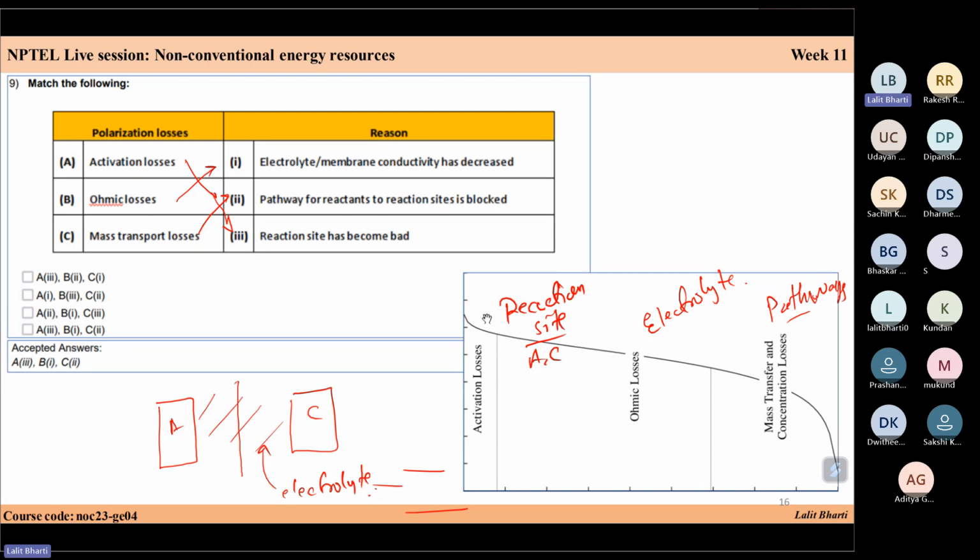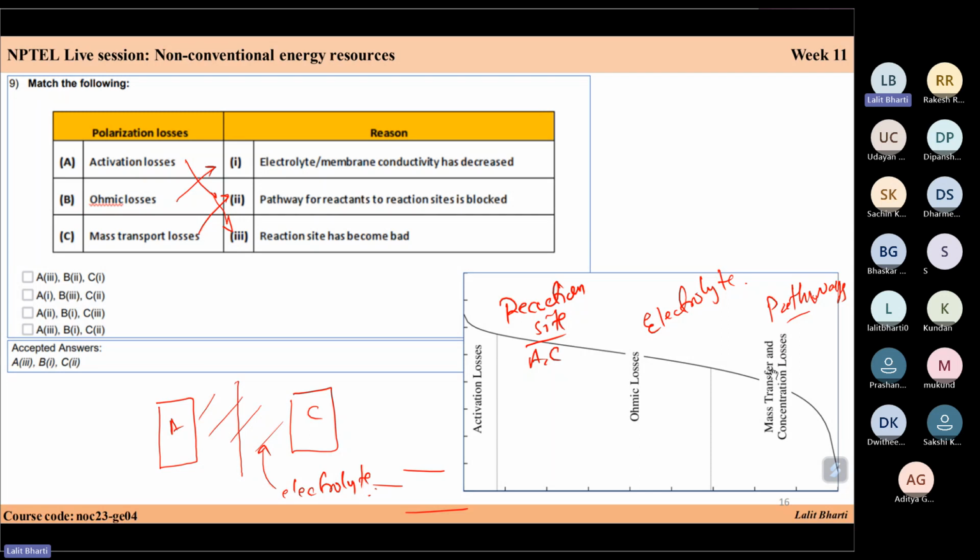So we just need to match the reasons now. Activation is where the reaction site has become bad. So this is due to the reaction sites, activation losses. Then ohmic is basically when electrolyte and membrane conductivity has decreased. If your ionic conductivities are decreasing, you will get ohmic losses. Then if the pathways for reactants and reaction sites are blocked, your mass transfer will be affected.